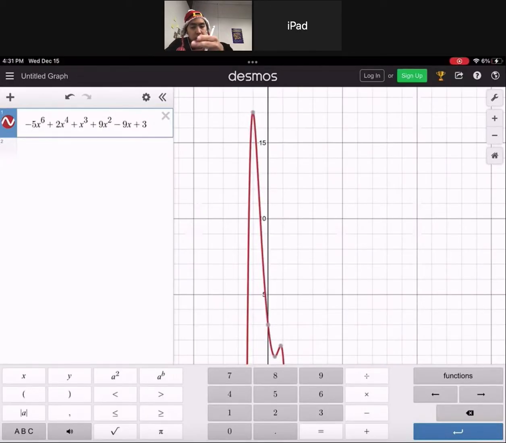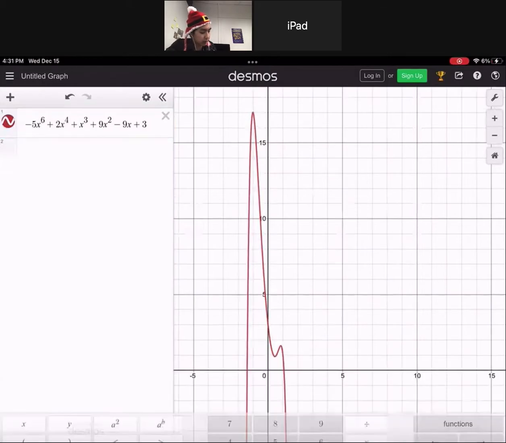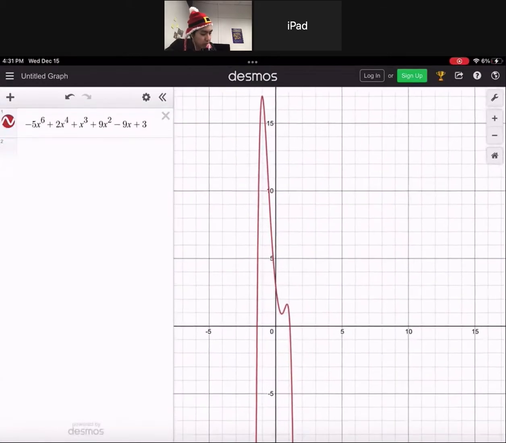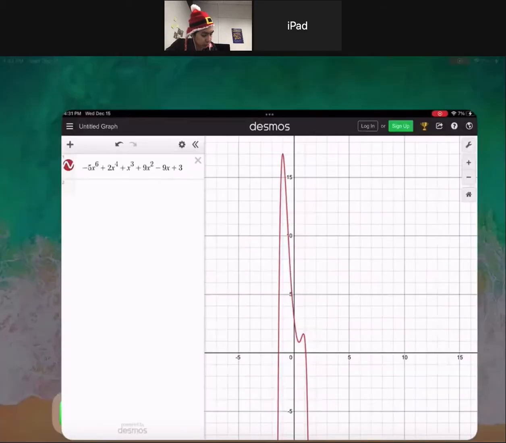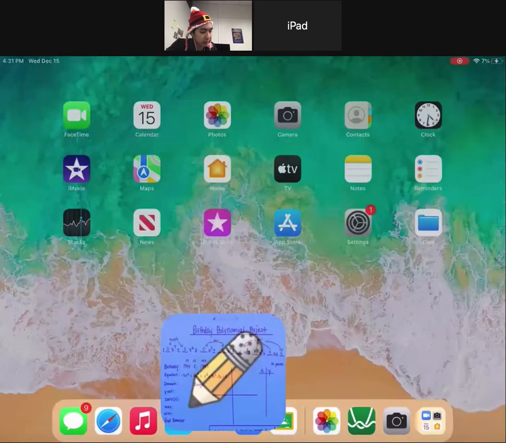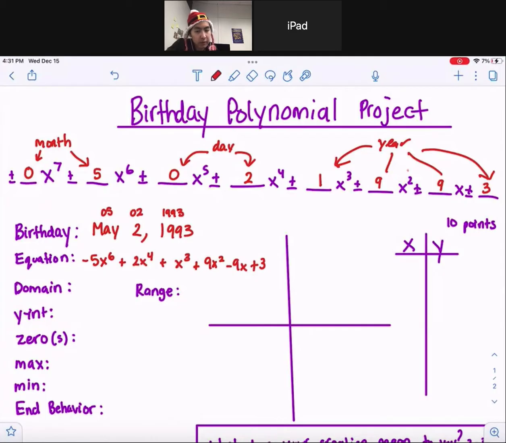So you put this in and type it into decimals, and this would be the curve that is made from this birthday. All of you will have different curves, right? Because we all have different birthdays, unless your birthday is exactly the same as somebody else's. So on the graph, it will look something like that.